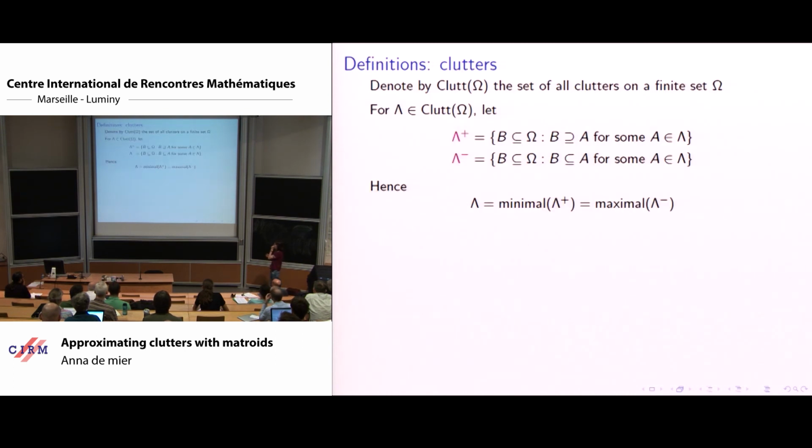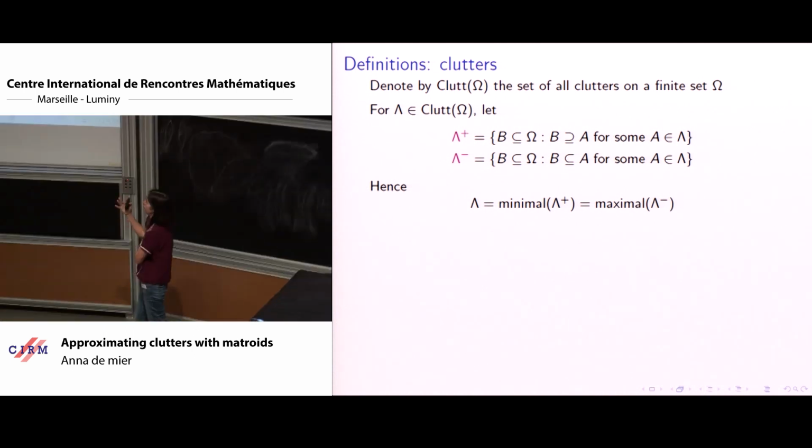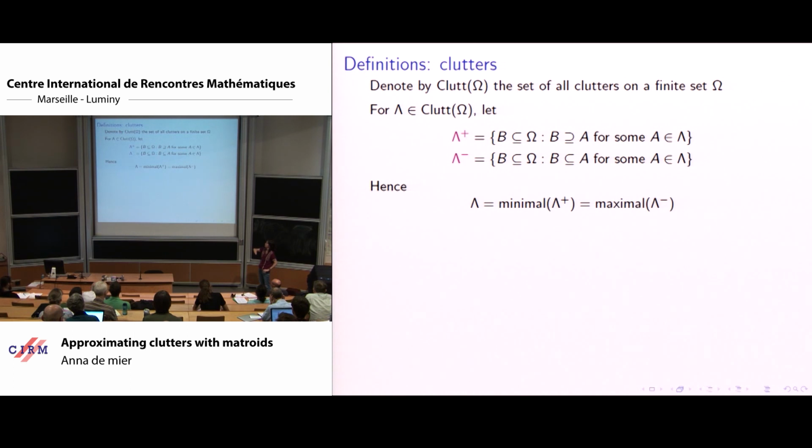So our setting is the following. Clutters of omega is just all clutters on omega. I have my clutter lambda, and from this clutter we define two families of sets. One is the ascending family: lambda plus is all sets that contain at least one element of the clutter.